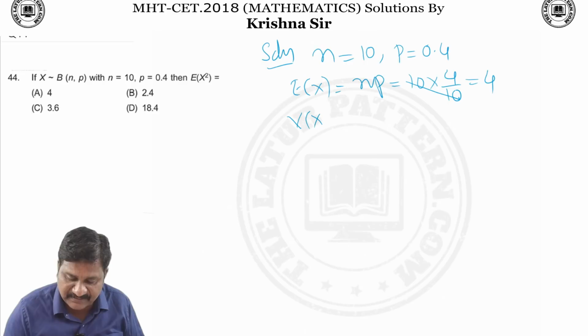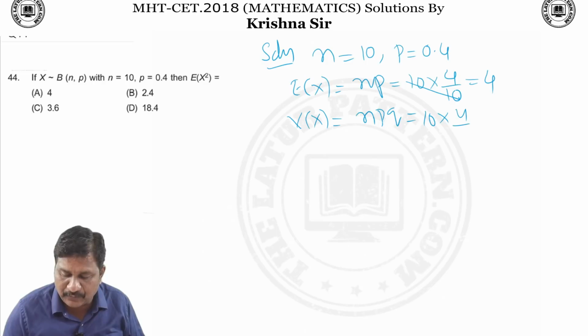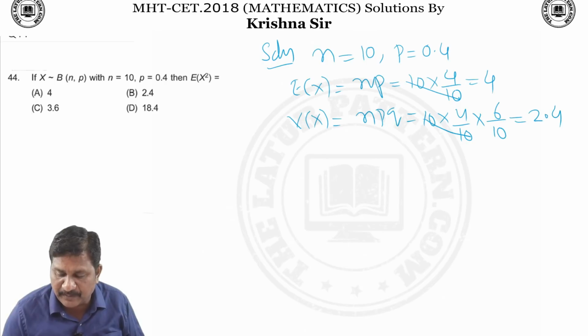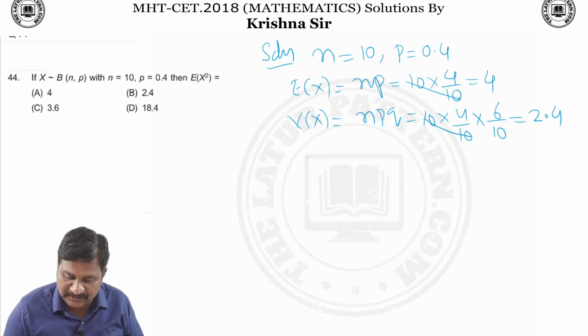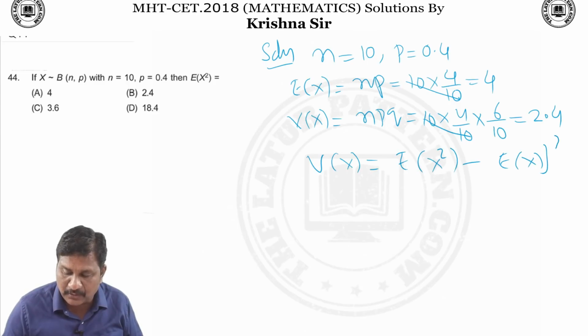V of x, that is n into p into q, where n is 10, p is 4 by 10 and q is 6 by 10. Now here 10 gets cancelled, 24 by 10, that is 2.4, variance of x. Now we know that the variance of x is equal to E of x square minus E of x whole square.